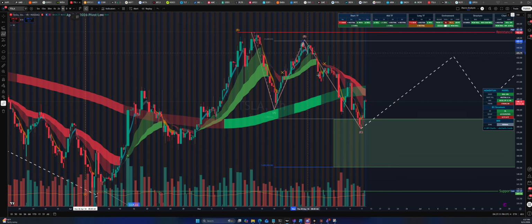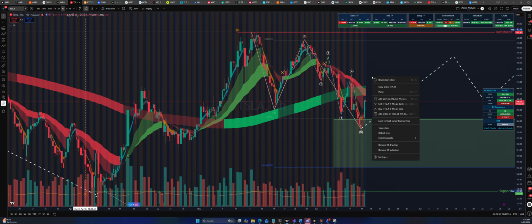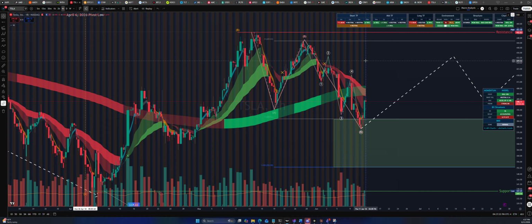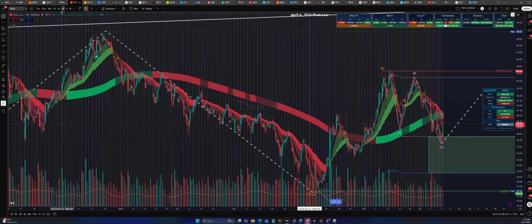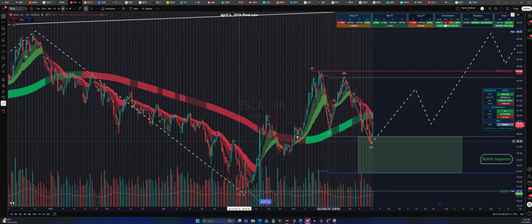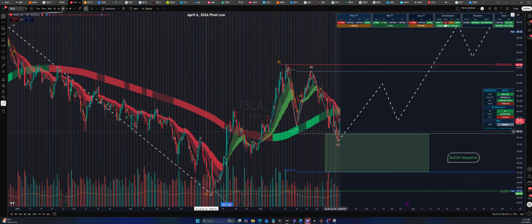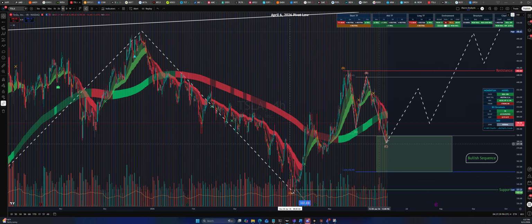Let's see if we find it: 1, 2, 3, 4, 5. Yes. Many times C waves give you a 5-wave move to the downside. It means that move has pretty much been completed from an Elliott wave perspective. So Tesla has pretty much completed its move. That's the bullish case scenario, that if you're looking to go long Tesla or TSLL, this is where you go long, somewhere within this range over here.